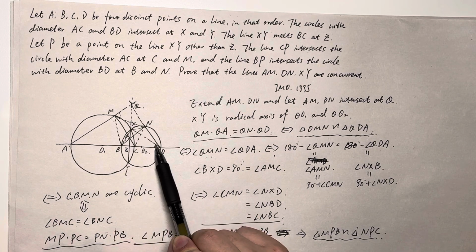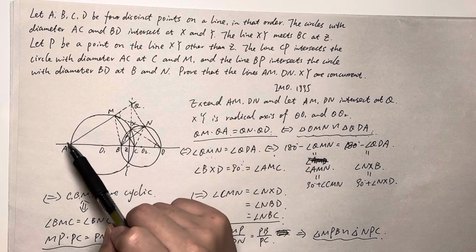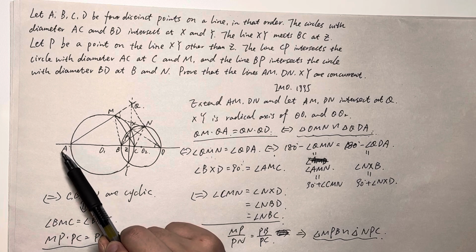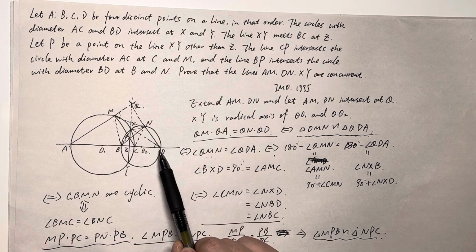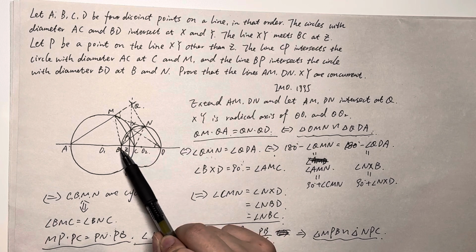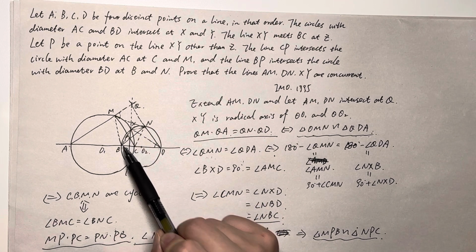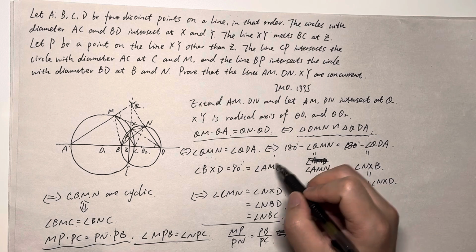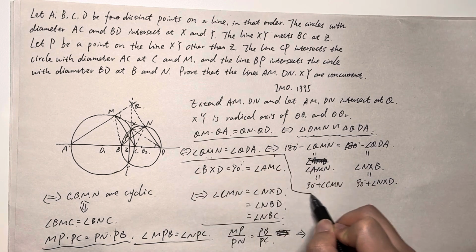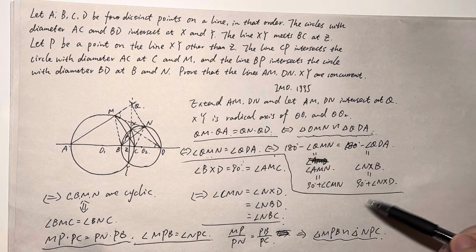And based on that, we transfer it to proving that angle AMN equals 180 minus angle NDB, which is angle NXB. I think that's a key point. This is not very straightforward to think about, right? But this is the key.